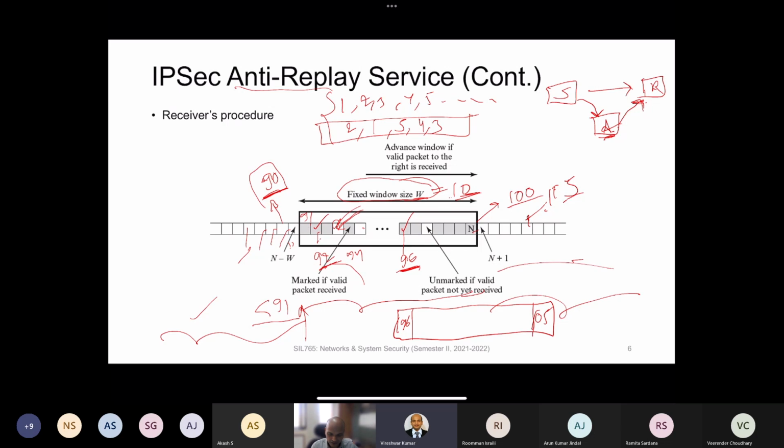And because now you have moved the window to the right after receiving 105, even a packet with a counter of 93 will be rejected, because the window has moved. Okay, so now that I have explained all three parts, within the window, left side of the window, and right side of the window, I think I can take some questions.